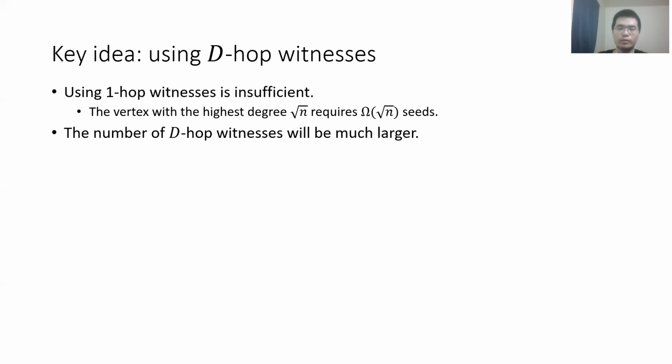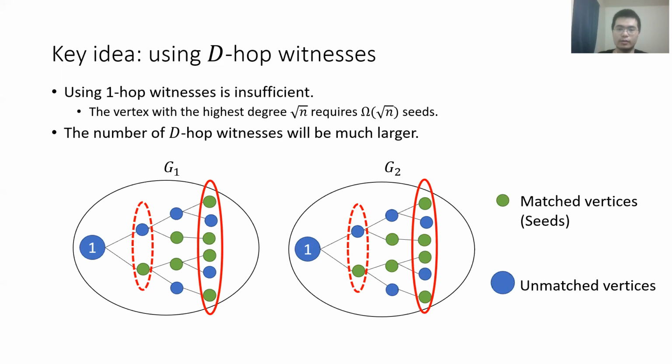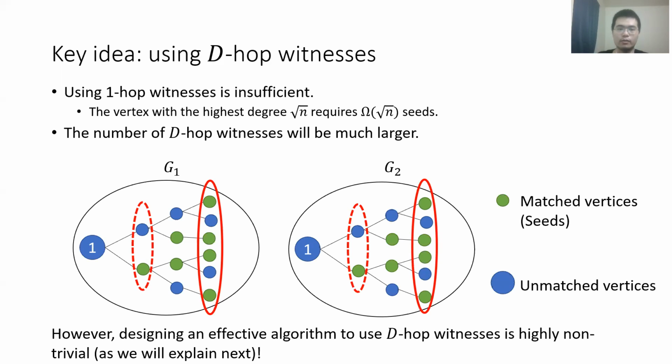The number of D-hop witnesses will be much larger. For example, in this figure, the true pair 1, 1 only has a single one-hop witness, but has 4 three-hop witnesses. However, designing an effective algorithm to use D-hop witnesses is highly non-trivial, as we will explain next.